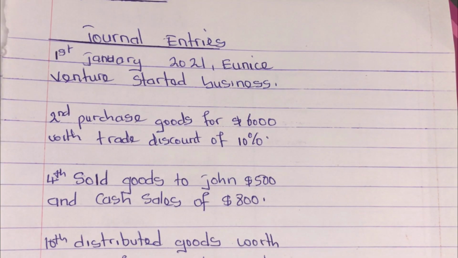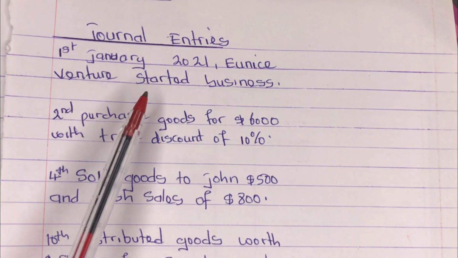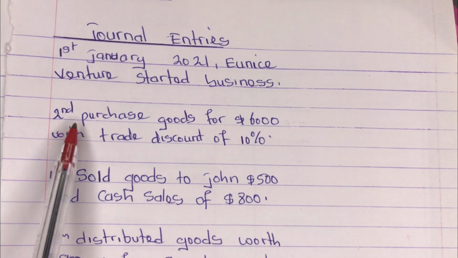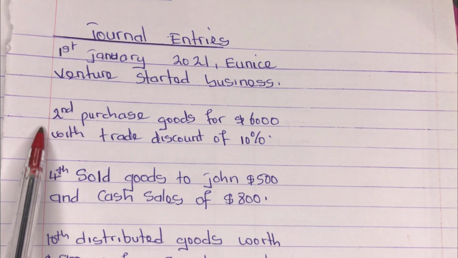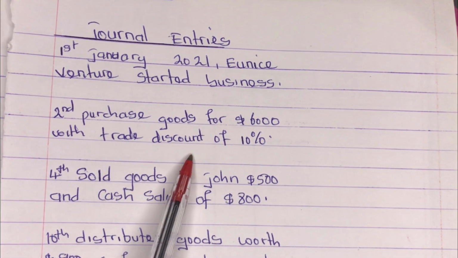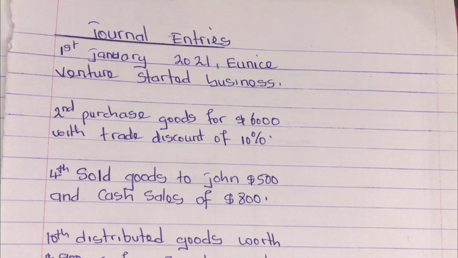So let's dive into the question. The question says 1st January 2021, Eunice Venture started business. And then the first transaction, purchase goods for $6,000 with trade discount of 10%.